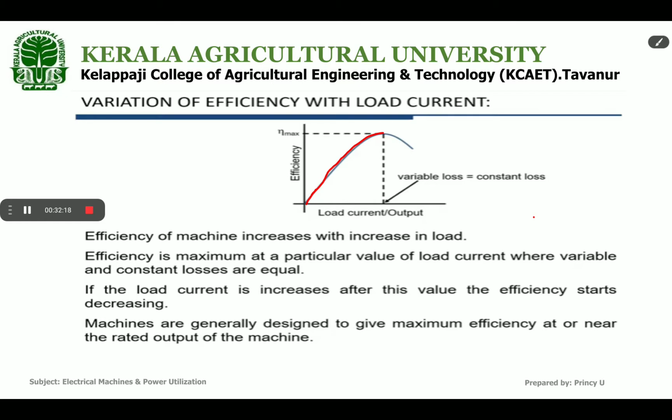Efficiency is maximum at a particular value of load current where variable loss is equal to constant loss. If the load current increases further, the efficiency starts decreasing. These machines are generally designed to give maximum efficiency at or near the rated output of the machine.